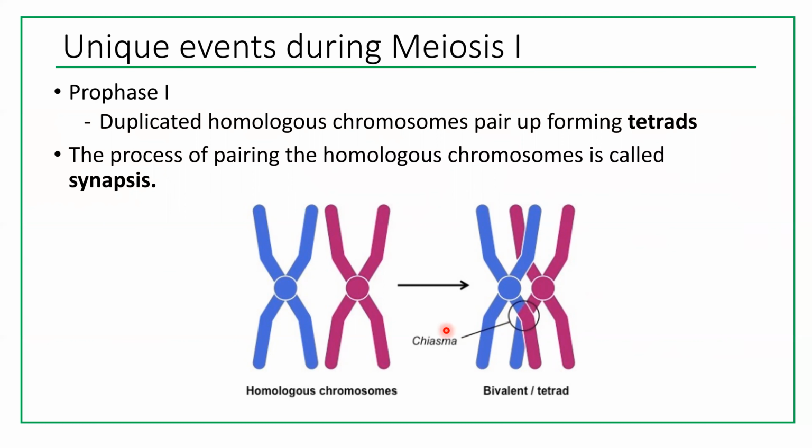Now the whole structure is called a tetrad because we have four parts. Tetra means four. The process of pairing the homologous chromosomes is called synapsis. So they synapse together, they make chiasma, and they are called tetrads.